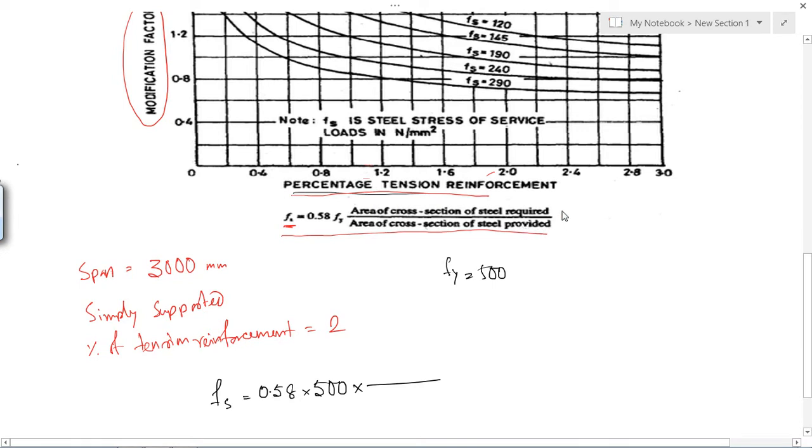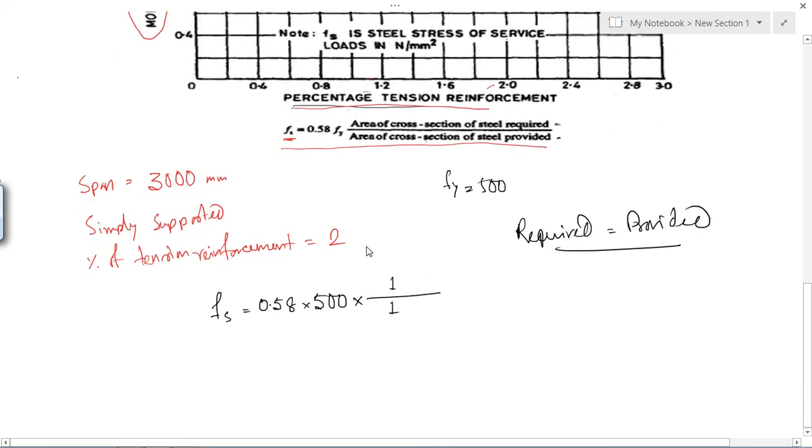Let's assume the required is the provided, so that is 1 by 1. So the value of Fs will be 290.